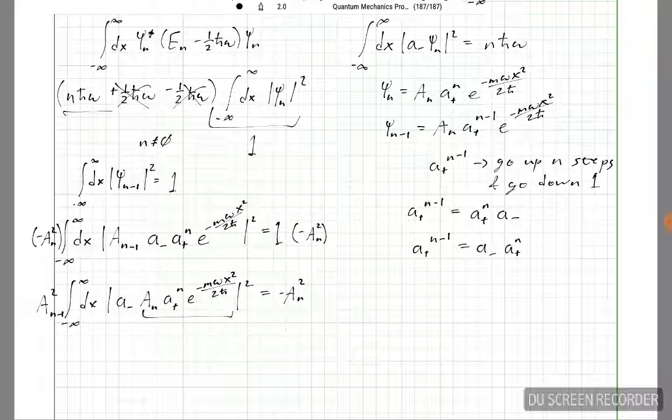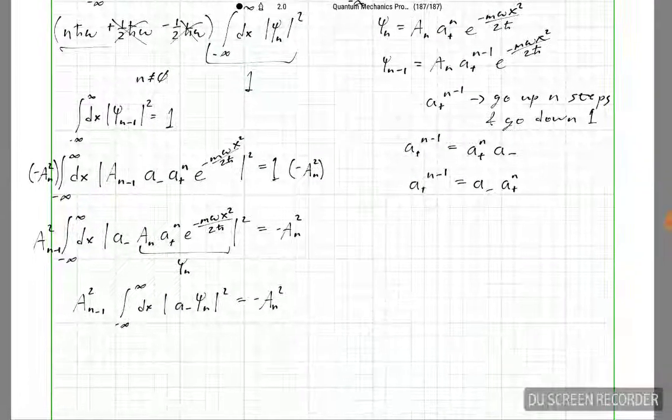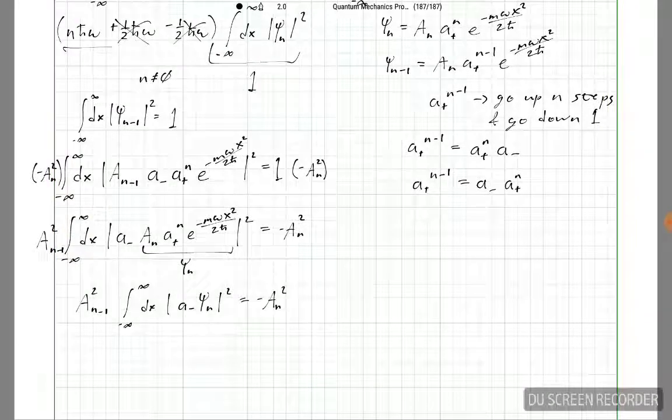Now this is just psi n. So what I have is a to the n minus 1, and then I have my integral dx of my lowering operator acting on psi n squared equals this. And then I know what that equals because we just worked that out.